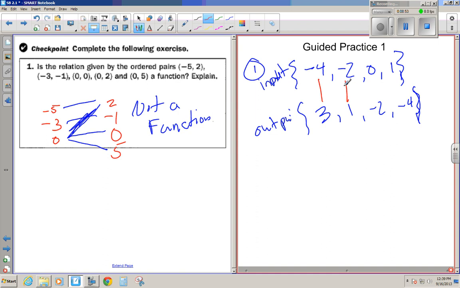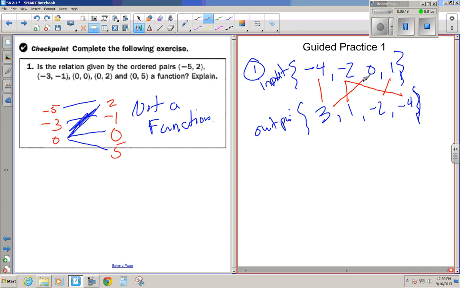Negative 2 goes to 1. 0 goes to 3. 1 goes to negative 2. Negative 2 goes to negative 4.